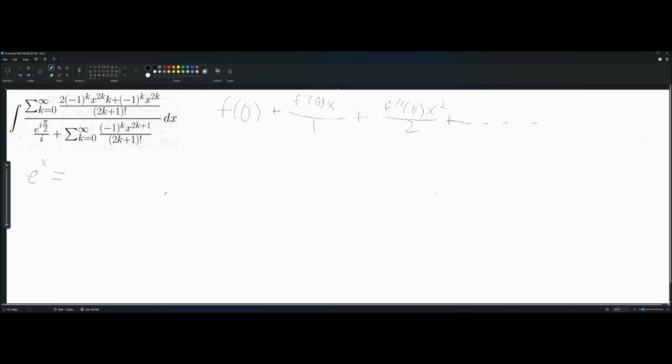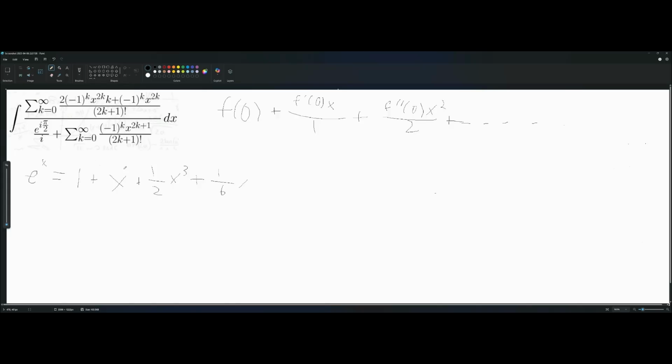We know that e to the x evaluated at 0 is just 1. And then we know that the derivative of e to the x is just itself. So when we evaluate that at 0, we get 1 times x over 1, which is just x. And we do the same thing again. The next derivative of e to the x is just e to the x, and that evaluated at 0 is just 1. So we say that is 1/2.